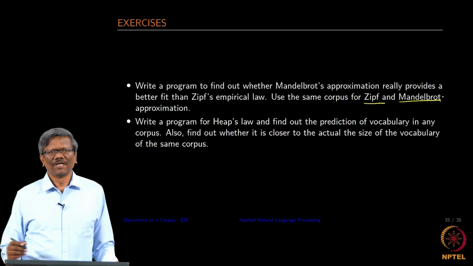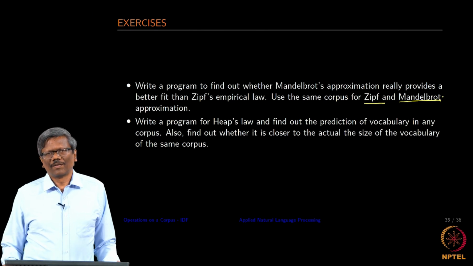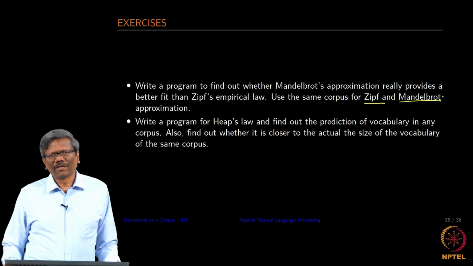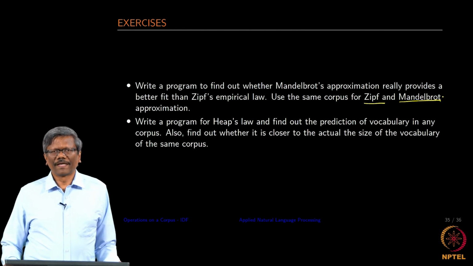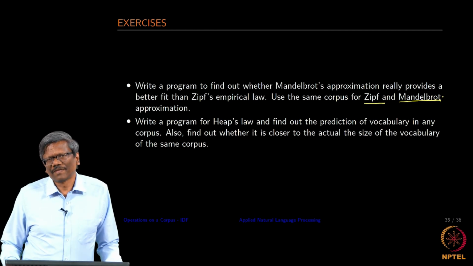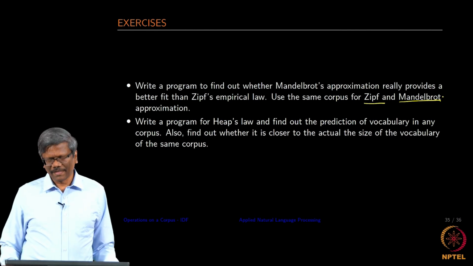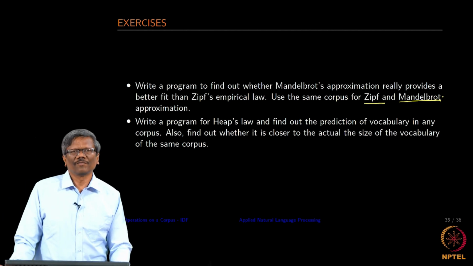Second, you use either NLTK or any other platform to find all the words, remove the duplicates, and get only the unique words in a list, then make a count of that and find out whether that count is the same as what Heap's law is predicting.